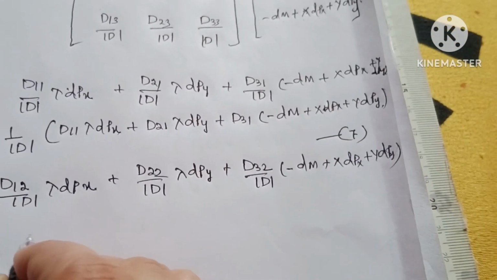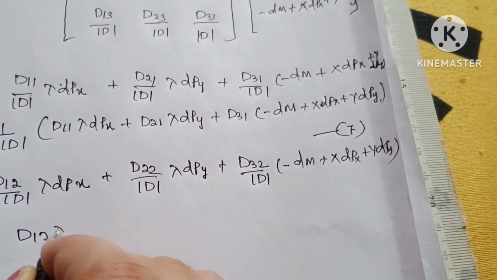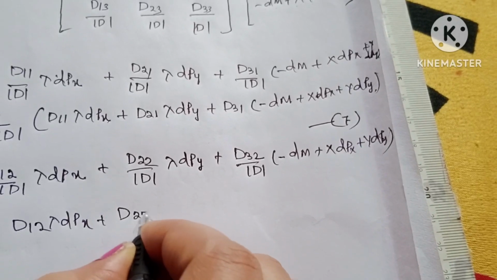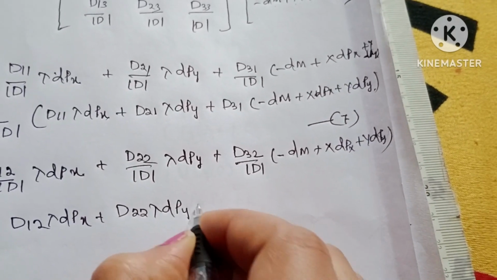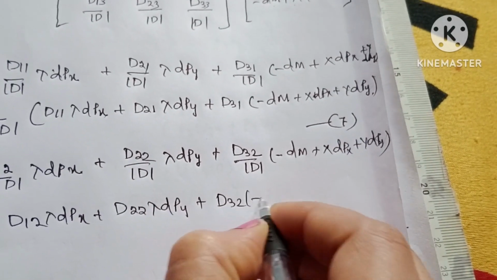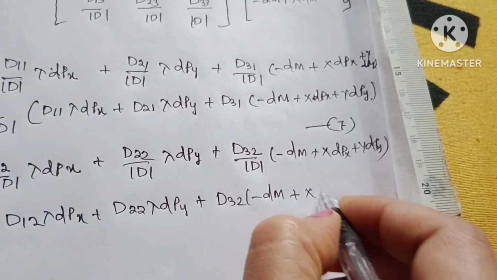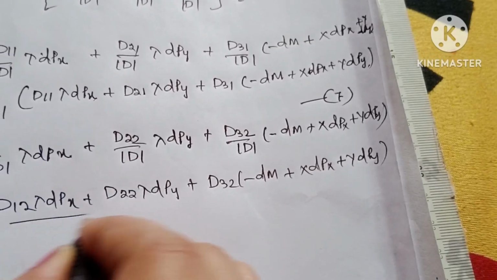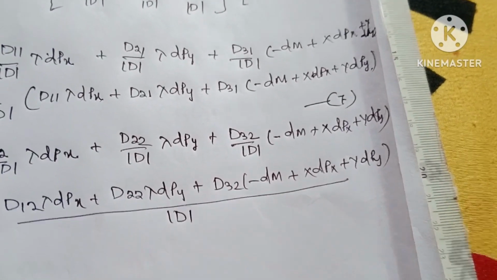So this equals d12 lambda dpx plus d22 lambda dpy plus d32 times minus dm plus x dpx plus y dpy, whole divided by the determinant value.